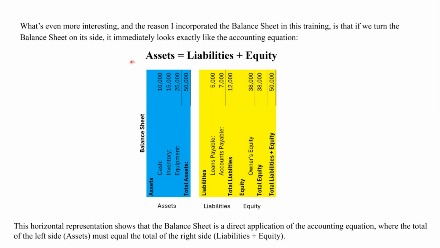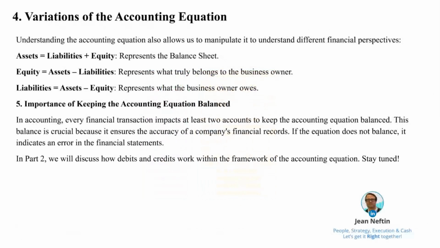For this lesson, because I'm trying to keep it short, the goal is for you to understand this part. The last important component is that if you understand the accounting equation, it becomes very interesting because you can manipulate the information.